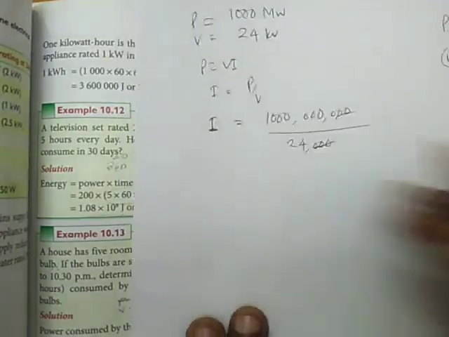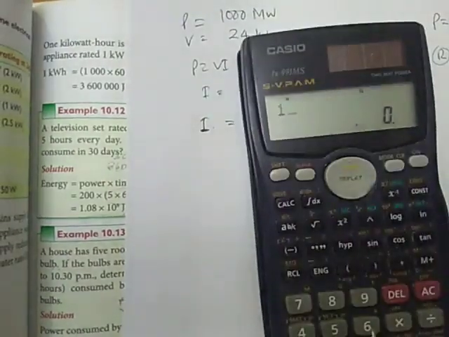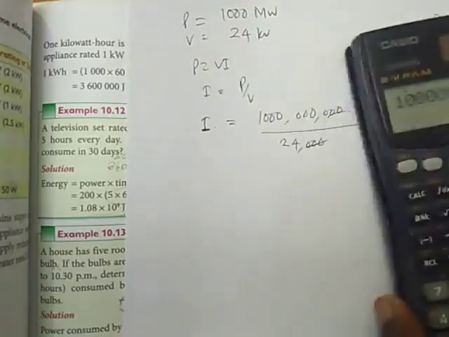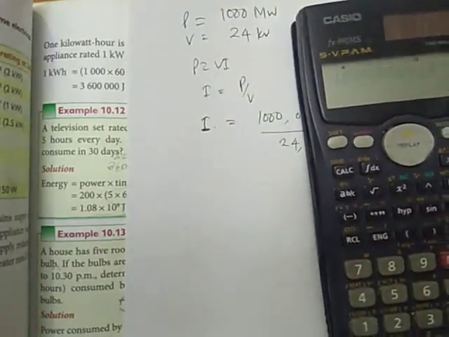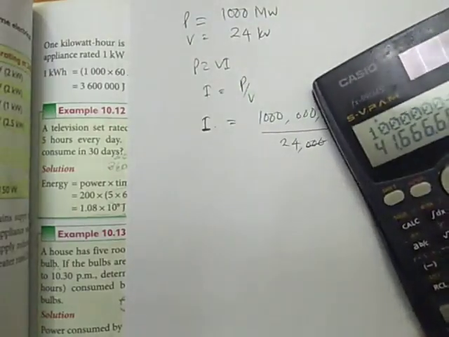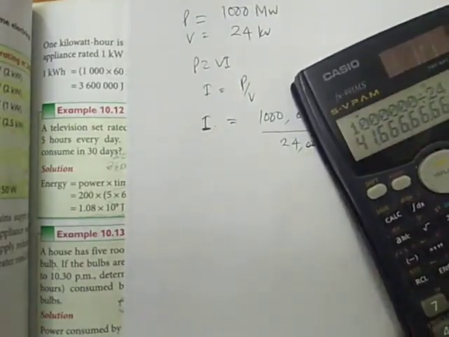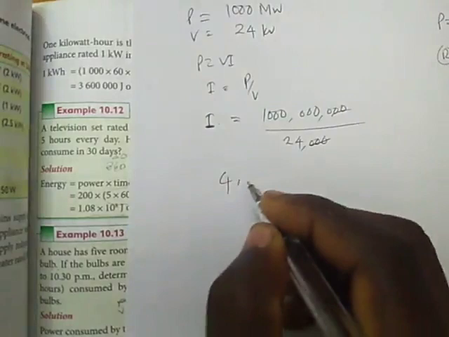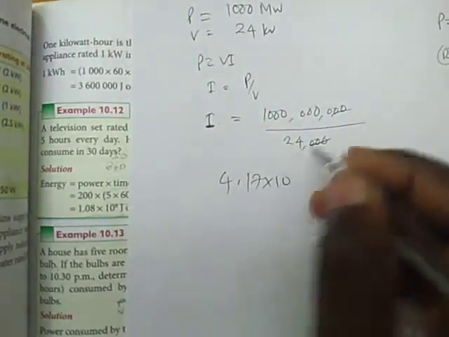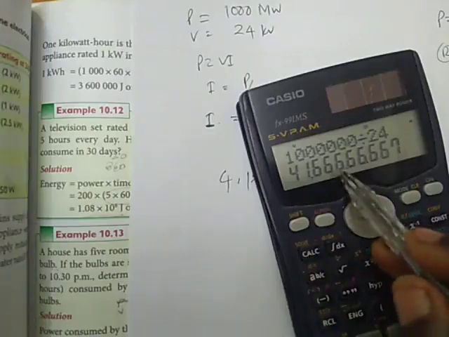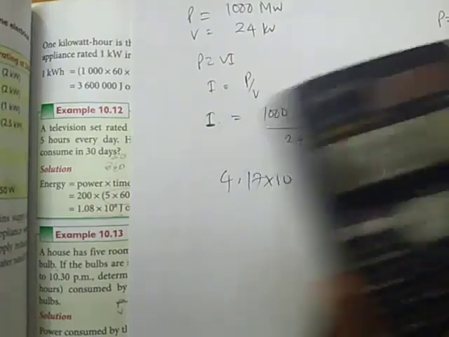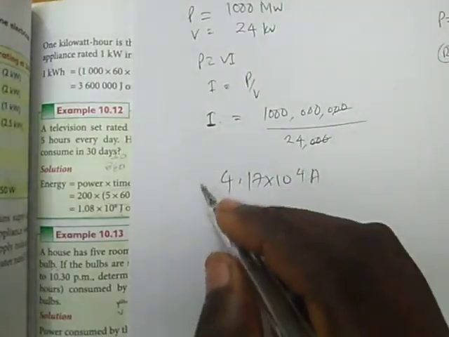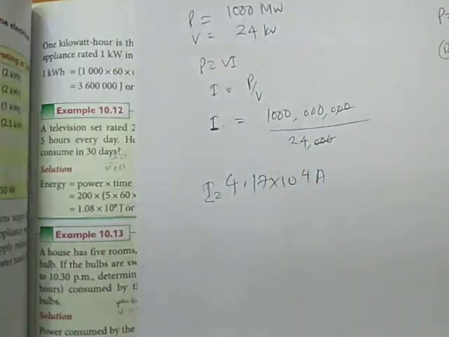So tutapata hiyo jibu, gawanya kwa 24, tutapata 41.66. So ni 4.17 times 10 power 4, hiyo itakuwa ni ampere. Unaona? Current I hiyo.